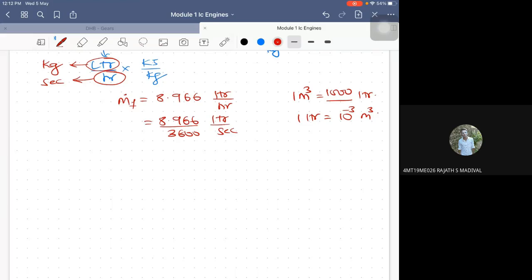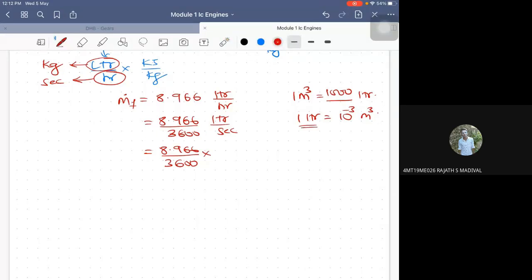Okay, then if I substitute here, 8.966 divided by 3600, into, so what is 1 liter? 10 to the power minus 3 meter cube.